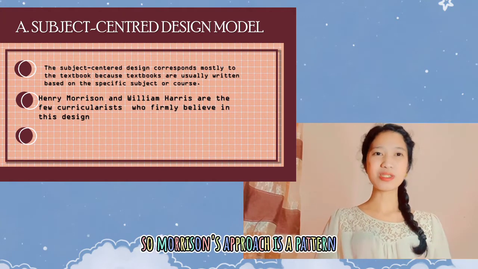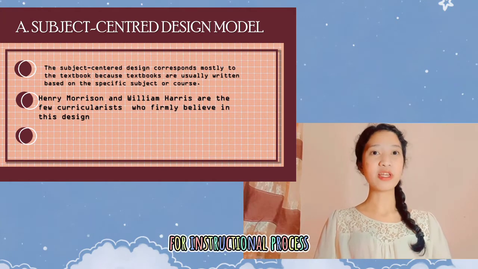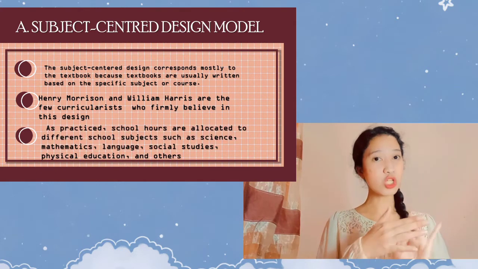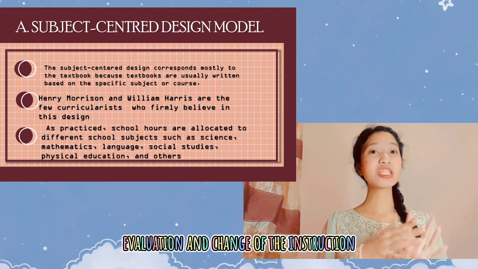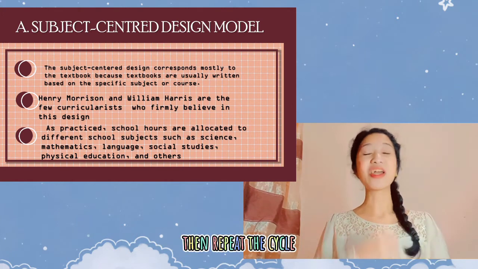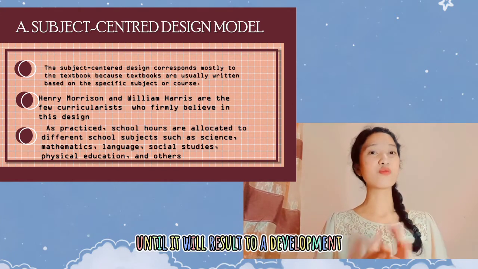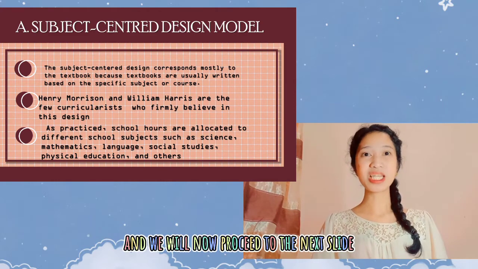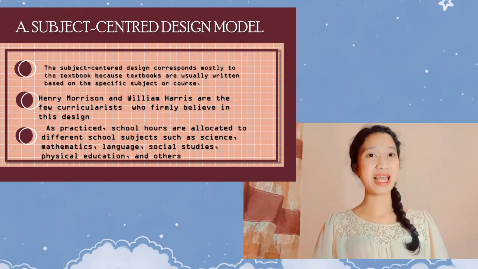So Morrison's approach is a pattern for the instructional process. First is the pre-test, teaching, evaluation, and change of the instruction. Then repeat the cycle until it results in development. We won't dig deeper into William Harris and we will now proceed to the next slide.